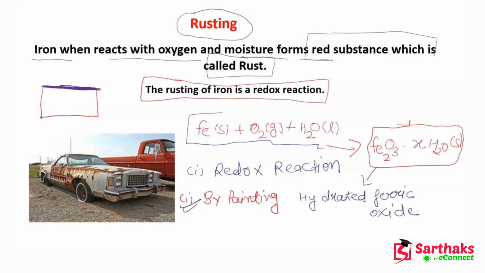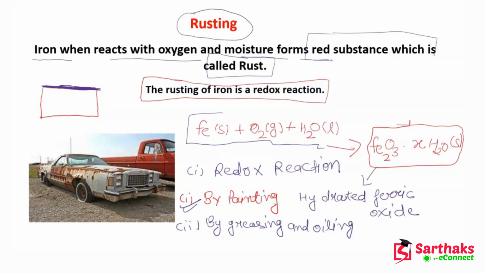Now guys, let's talk about the second method. The second method is by greasing and oiling. If we paint iron with grease or with oil, this will also do the same thing. It will also make a layer, and this layer will prevent iron from being in touch directly with oxygen and water vapor.